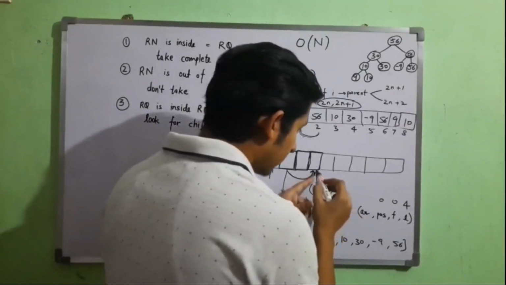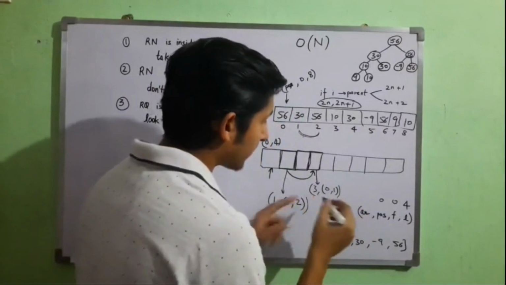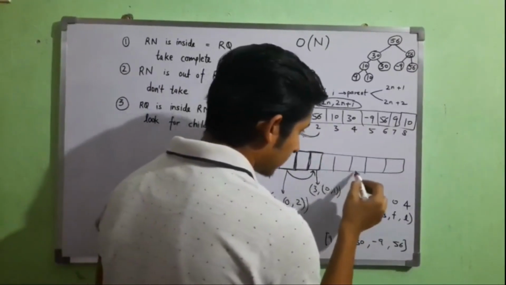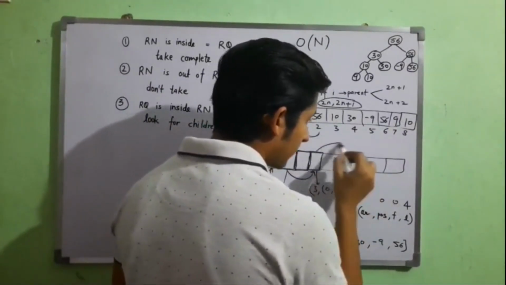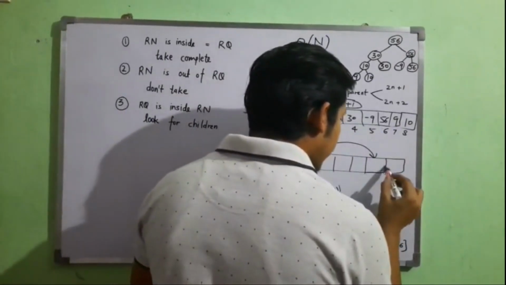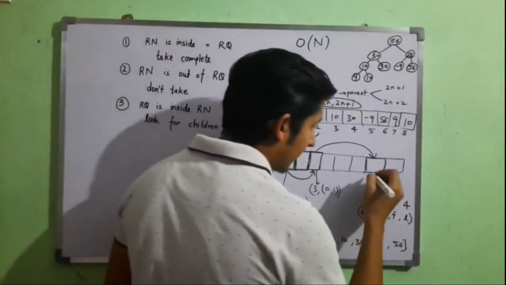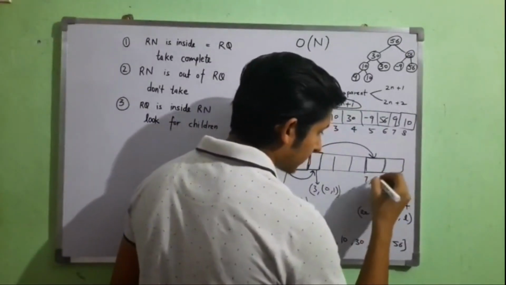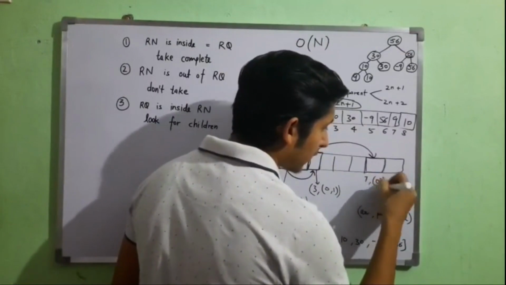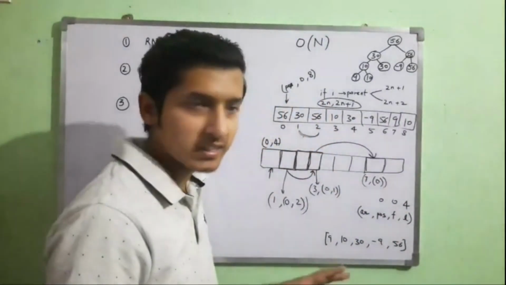Now this will again look for its first child, so 3 into 2 plus 1, 7. Here will be the first child of this. So it will have index 7 and just 1 element, okay? No range is there.